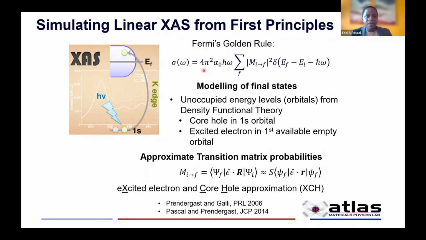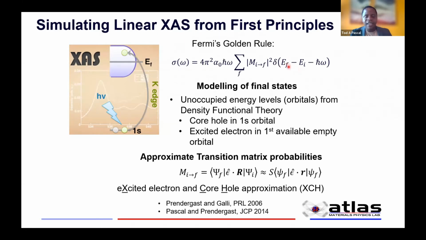If we walk through it a little bit, the X-ray cross-section for a particular incoming frequency is equal to a sum over transitions between initial states and final states with a delta function, which governs whether or not we actually get a spectral signature.